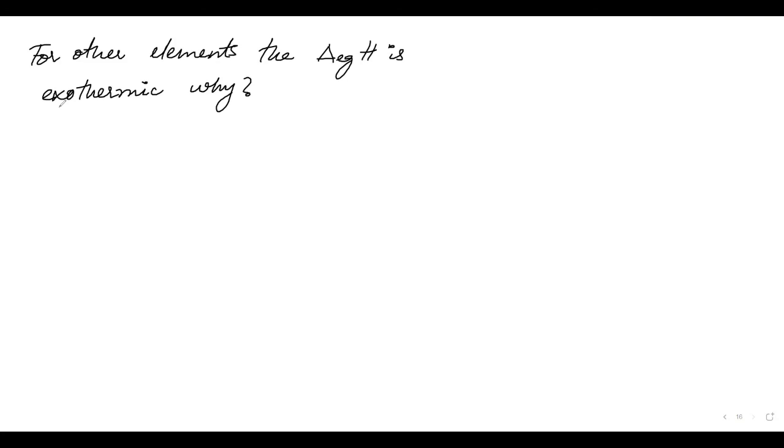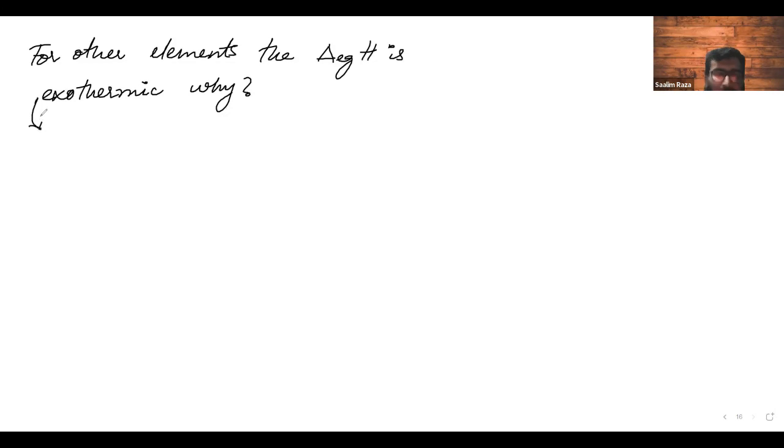Because the energy required is not that great. No. If energy is required, it is endothermic. If even 1 kilojoule of energy is required, it is endothermic. Exothermic means that we are adding an electron and the system is releasing energy.